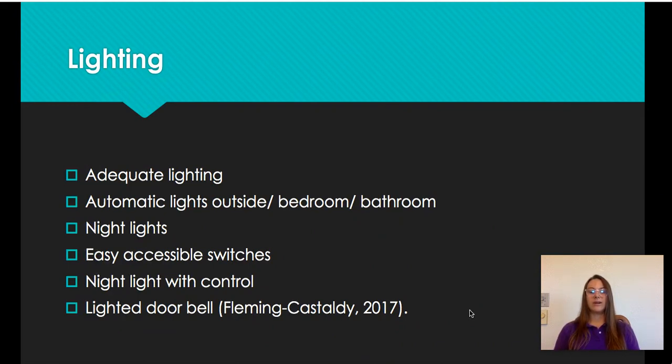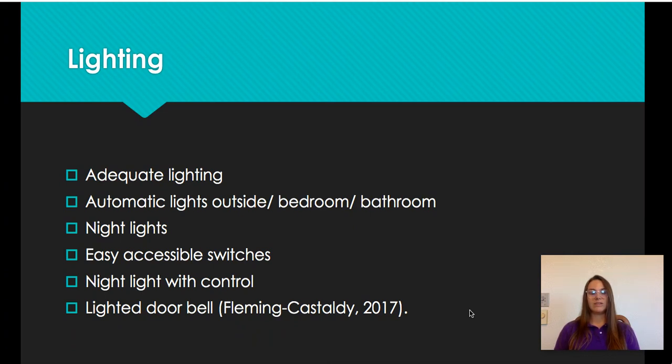Lighting is another important factor for falls. Make sure your house has adequate lighting, especially when we're walking around in the dark. We want to make sure we can see. You can place automatic lights outside, in the bedroom and the bathroom. Another good option is night lights, especially in the bedroom and the bathroom. So when we get up at night, you can see.